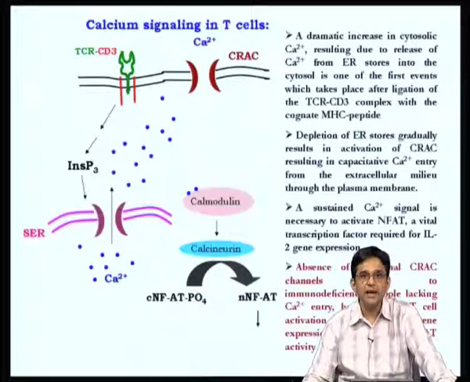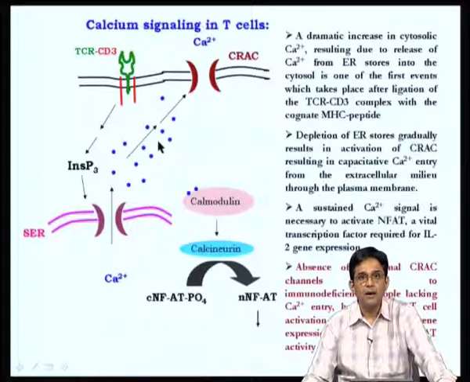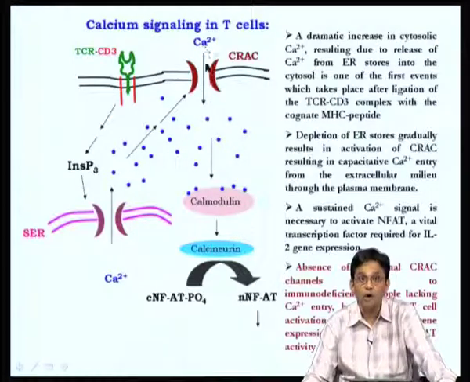Okay, so this is again a cartoon to tell you a little bit about T cell activation. This is the TCR and it results in inositol trisphosphate, and this results in depletion of calcium from the ER, it goes outside, and then this intracellular calcium activates the CRAC channels, and once CRAC channels are activated, you have calcium coming in from the outside.